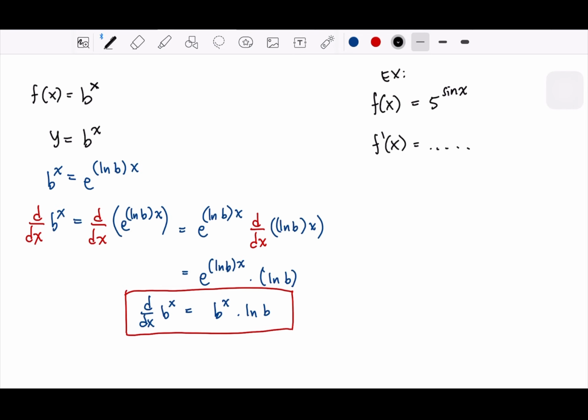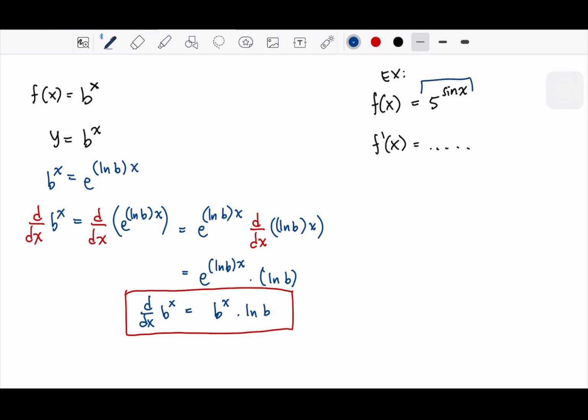So as long as you practice outside function, inside function, and you keep consistency, I think you will be familiar with this. So this is the outside function.